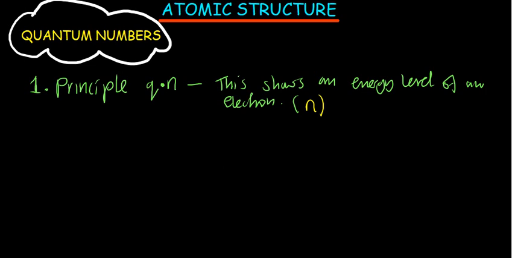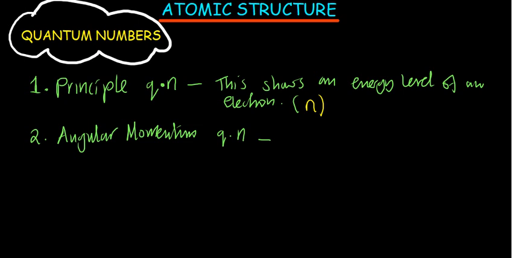The next quantum number that we have is the angular momentum quantum number. What is the angular momentum quantum number? It contributes to the angular shape and, to a lesser extent, the energy of a shell.